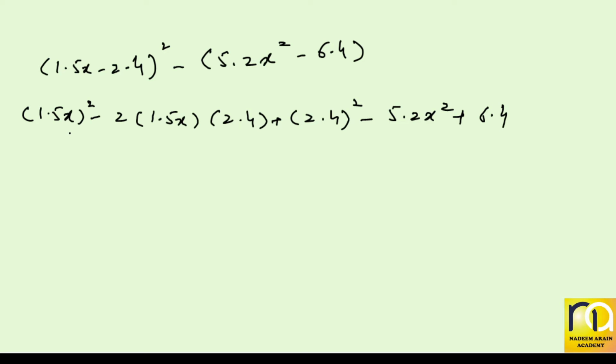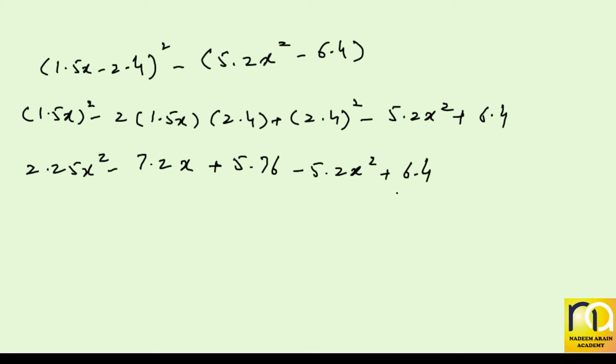Alright, you can use the calculator. 1.5 squared is 2.25x squared, minus 2 times 1.5 times 2.4 is 7.2x, plus 2.4 squared is 5.76, minus 5.2x squared plus 6.4.